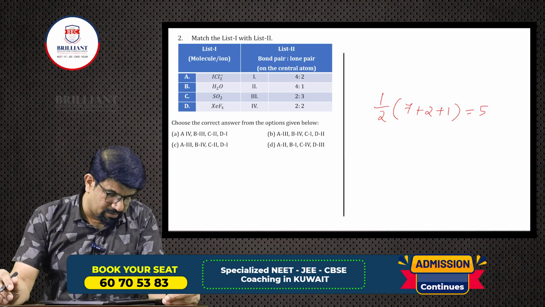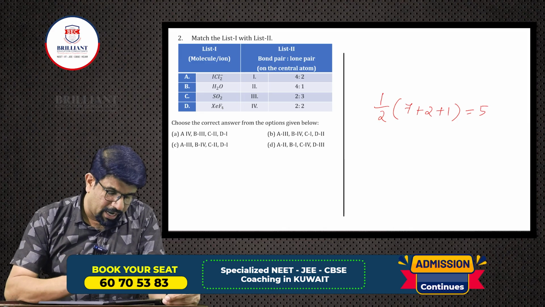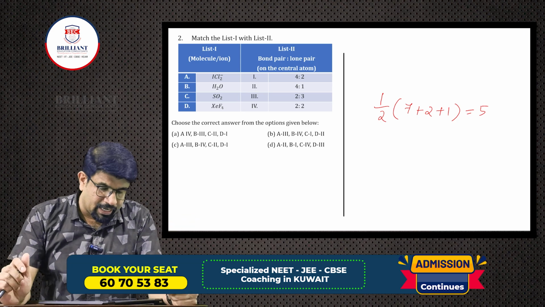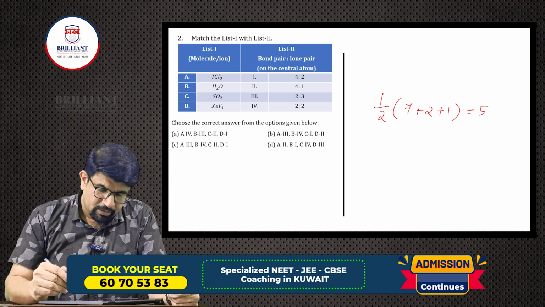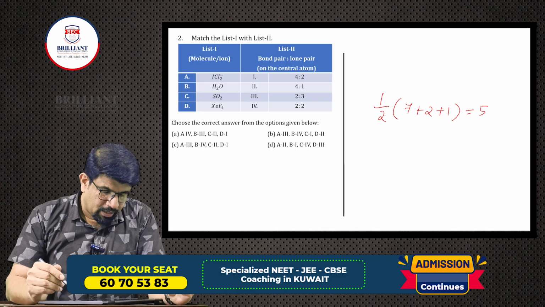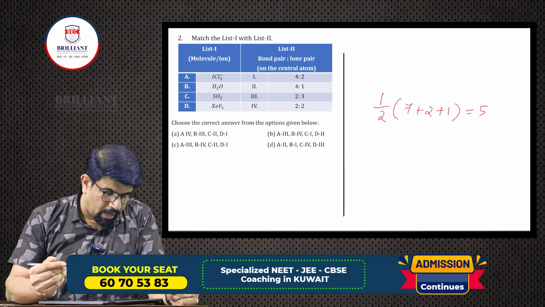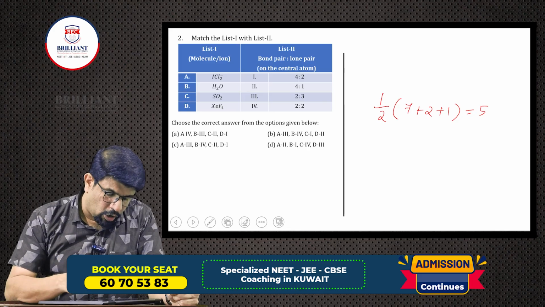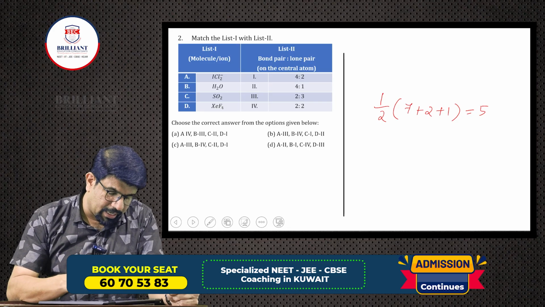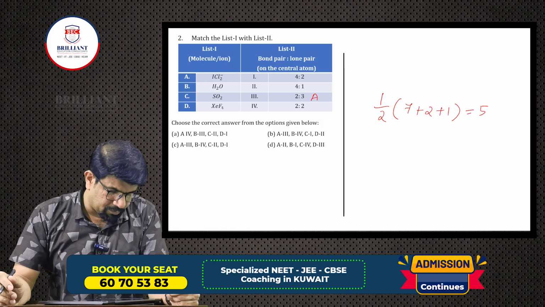In the first case you can see there are 5 hybrid orbitals. Then how many atoms are around the central atom? 2. That's why there are 2 bond pairs and 3 lone pairs. Then which is the correct match? Yes, this one, the third one is the correct match.